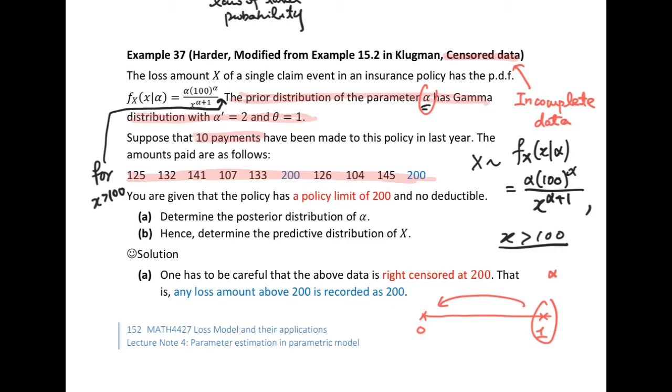Just be careful that these 10 amounts are the claim payments, the payments made by the insurance company, so this is not a loss amount. Now, let's assume that this policy has a policy limit of 200 and no deductible: no ordinary deductible, no franchise deductible, and also no coinsurance as well.